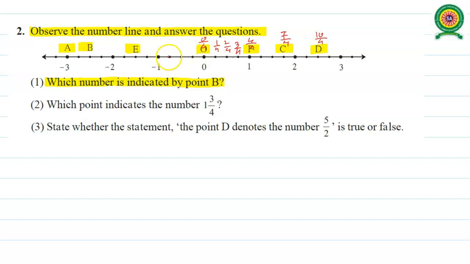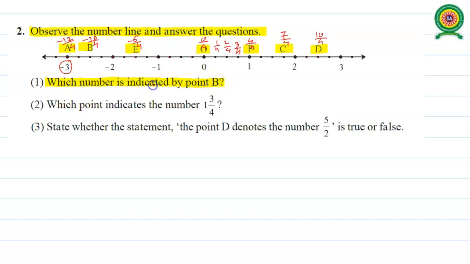Towards the left of 0 we have the negative rationals: minus 1 by 4, minus 2 by 4, minus 3 by 4, minus 4 by 4, minus 5 by 4. At E we have minus 6 by 4. Next minus 7 by 4, minus 8 by 4, minus 9 by 4, minus 10 by 4 at point B. Next minus 11 by 4 and minus 12 by 4 is point A, or minus 3.